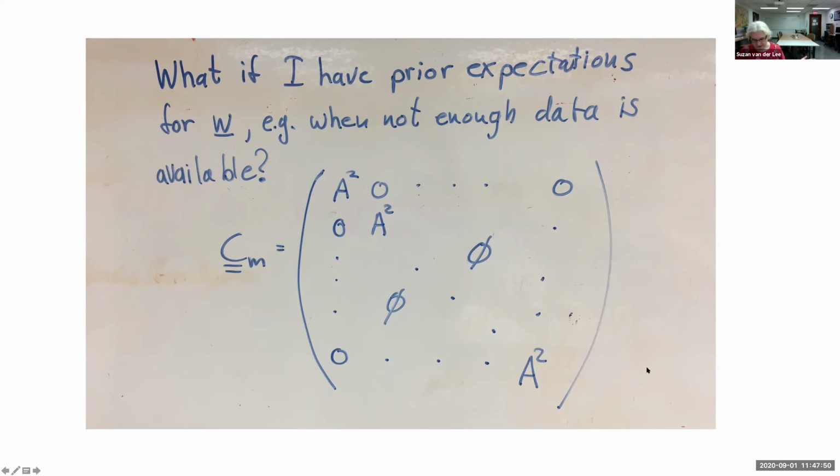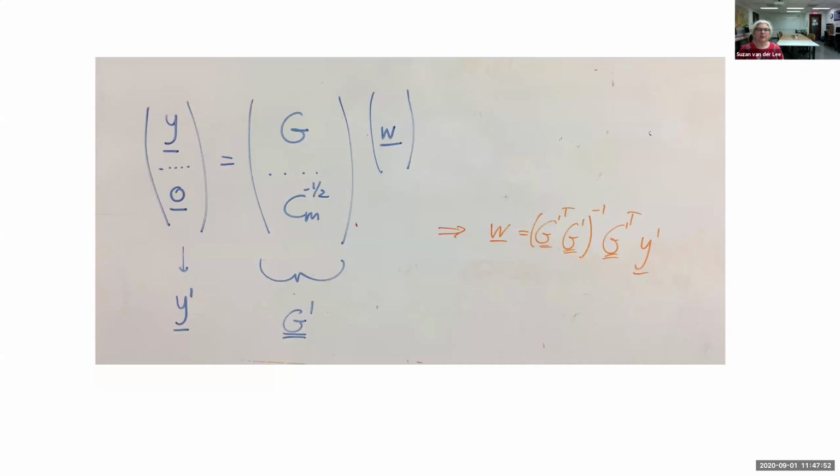So if you do that, you don't just have your data needing to equal G times W, but you also want W times the inverse of this model covariance matrix, and then the square root of the diagonal elements, to be as close to 0 as possible, where W here is not the MOHO depth itself, but the deviations from the average of 40 kilometers.